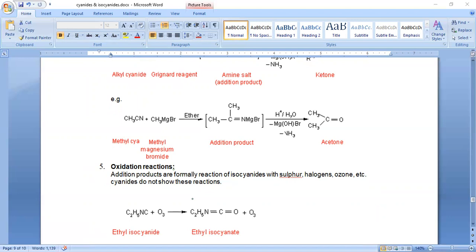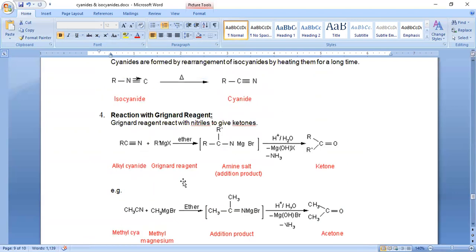From earlier classes, we know that hydrolysis of cyanides gives carboxylic acids. Wherever we have a cyanide group, on hydrolysis of that cyanide we get a carboxylic functional group. Here we have some examples.